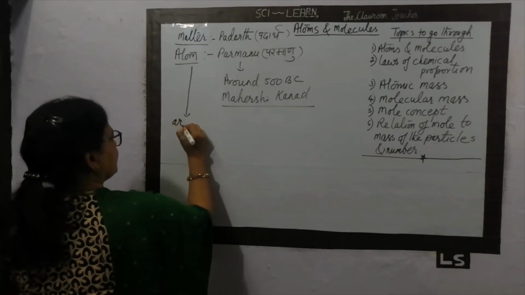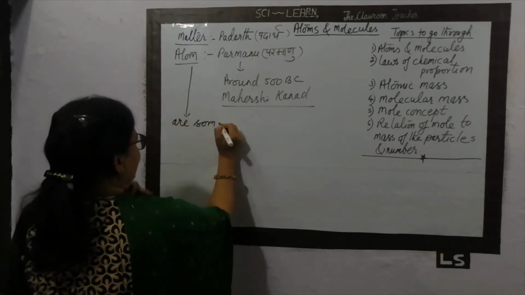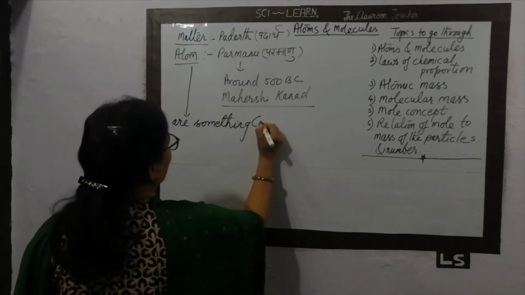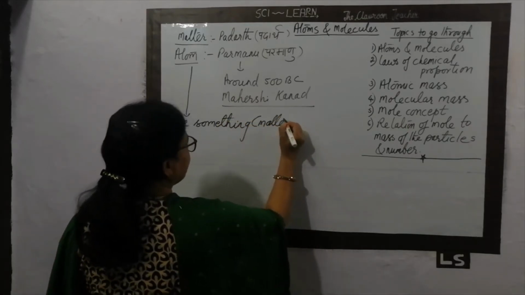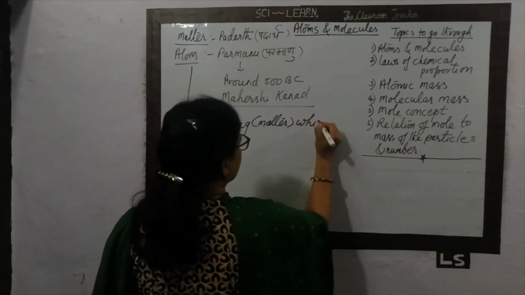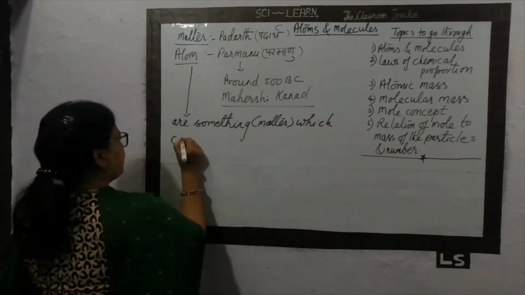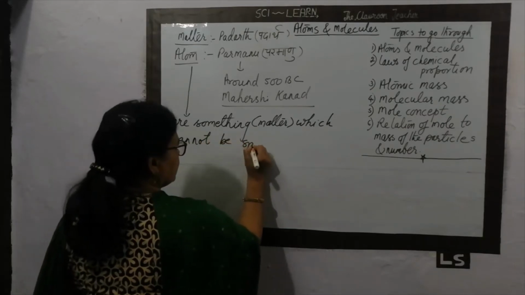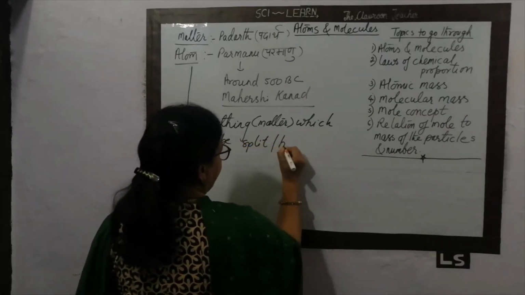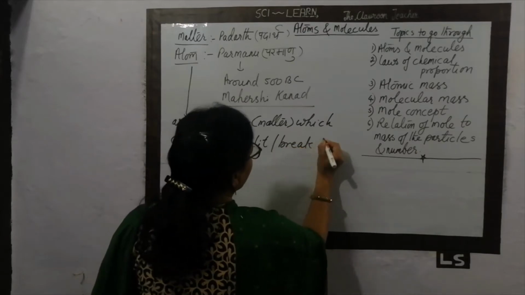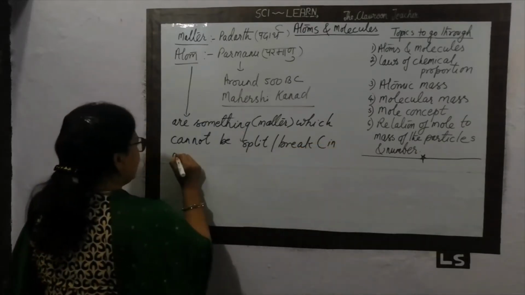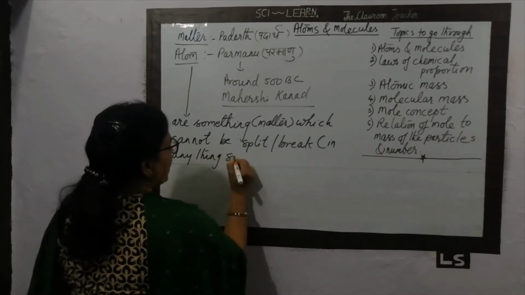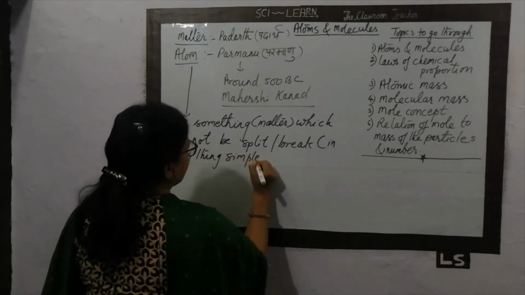Atoms are matter, or part of matter, or a particle which cannot be split or broken into anything simpler. It means the atom is the simplest substance, the simplest thing.